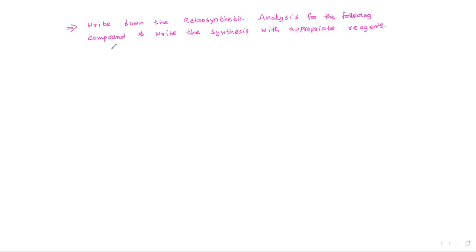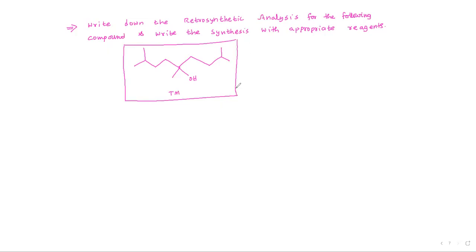Okay. Now, what is the molecule that is given to us? The molecule that is given to us is this. This is very simple. This is the target molecule that is given to us. And if you observe carefully, this molecule is nothing but a tertiary alcohol. It is a 3° alcohol.